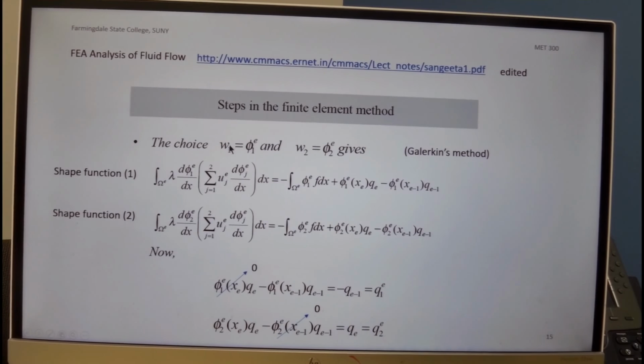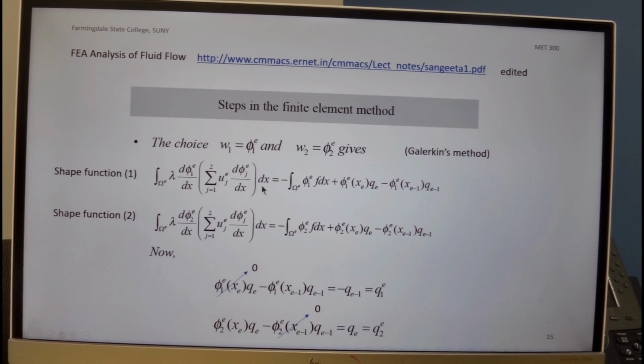When we make the identity of the shape functions and the base functions and plug it into the weak form equation, then we eliminate the w's, and everything is now written in terms of the base function phi.